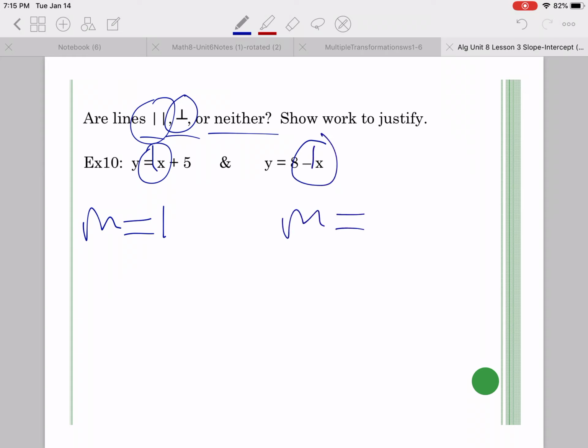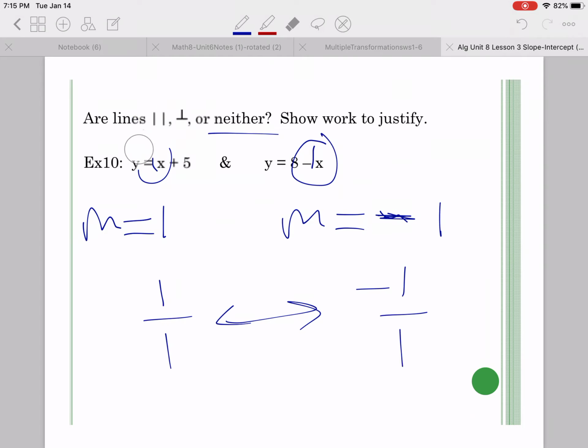So the slope here is negative, which if you think about it, 1 over 1, you flip that over, add a negative sign, that would be -1 over 1. So in this case, we do have opposite reciprocals. So we're going to go with our final answer here as perpendicular.